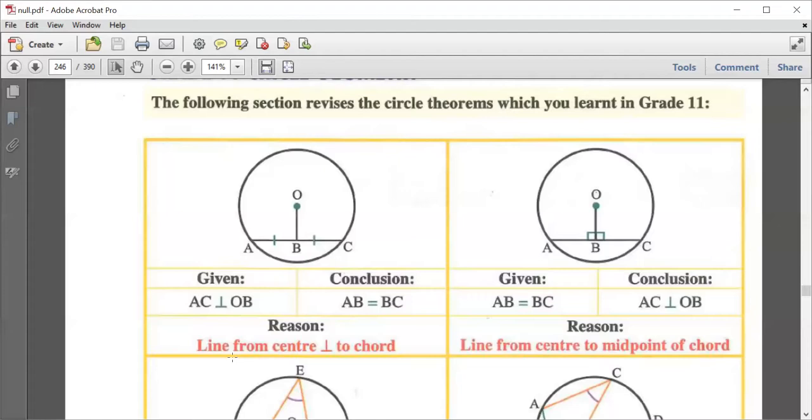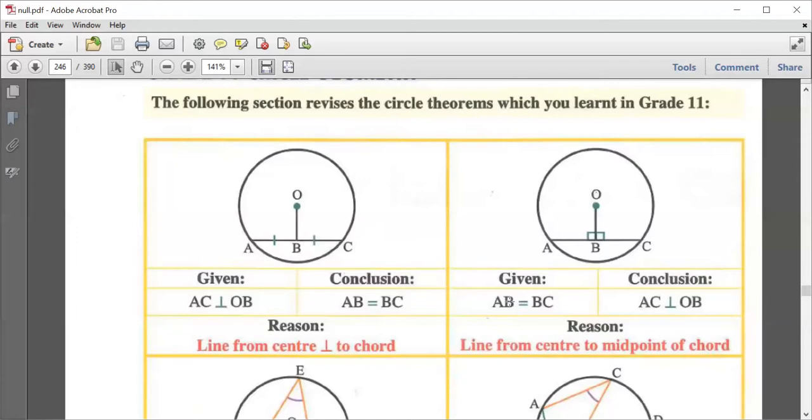That is the case because the line from the center of the circle is perpendicular to the chord. Are we all together on the first theorem? Yes. Okay.